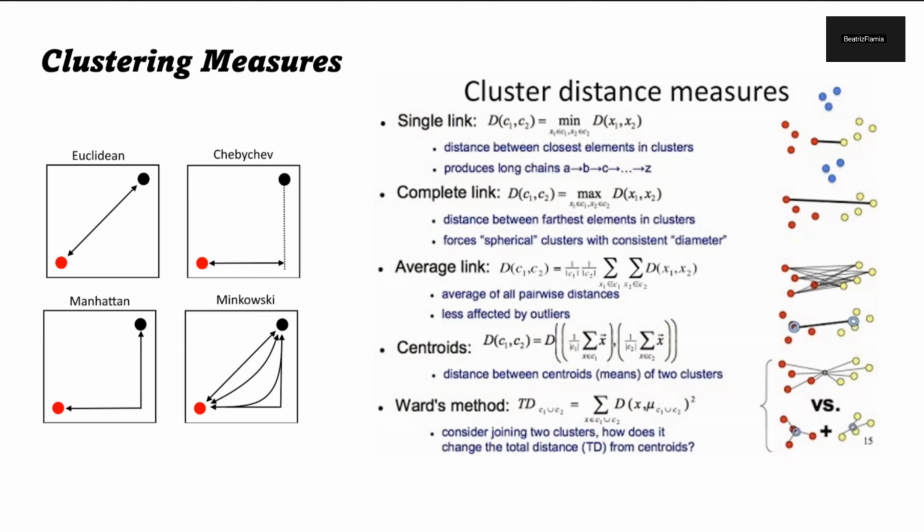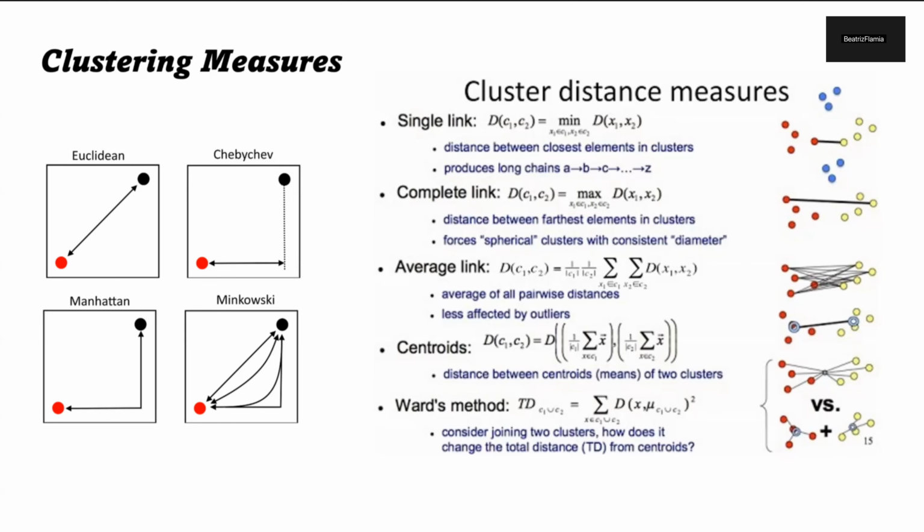But we can also use another kind of measure, for example, Chebyshev distance. And with these measures, we change the results completely. So we need to define what is the most appropriate.